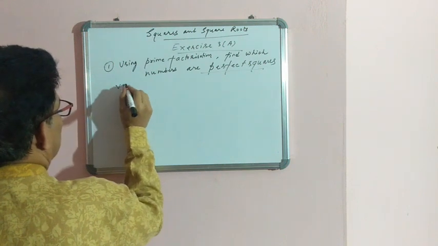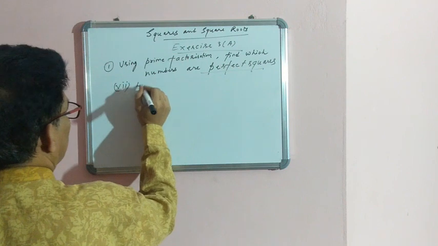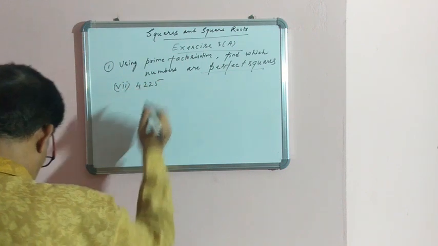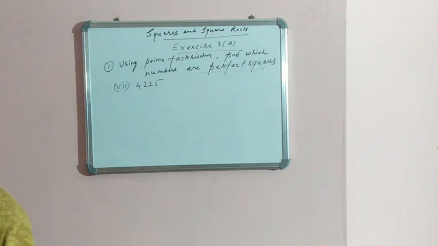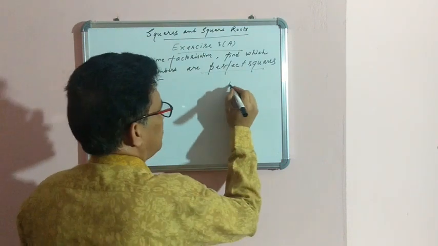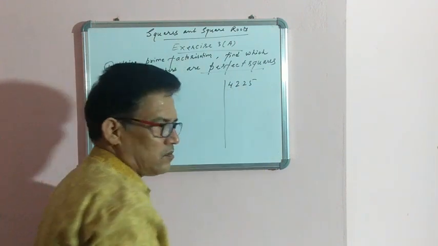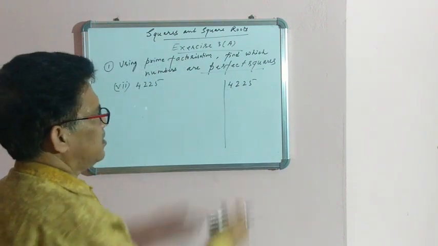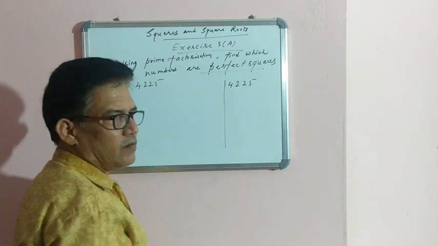Now I am taking the 7th part of this question: 4225. Check it. This is not divisible by 2, clearly. The sum of digits is 13, so it is also not divisible by 3.